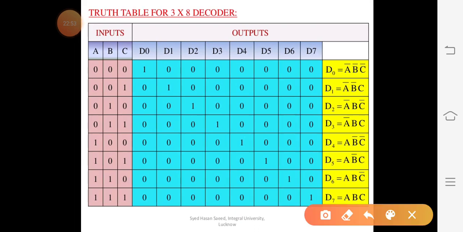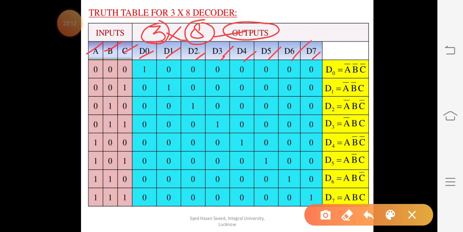Now look here. There are 3 inputs A, B, C and the outputs are 8, because this is the diagram of 3 to 8. So there will be 3 inputs and 8 outputs, and 8 outputs means D0 to D7: D0, D1, D2, D3, D4, D5, D6, D7. Done.